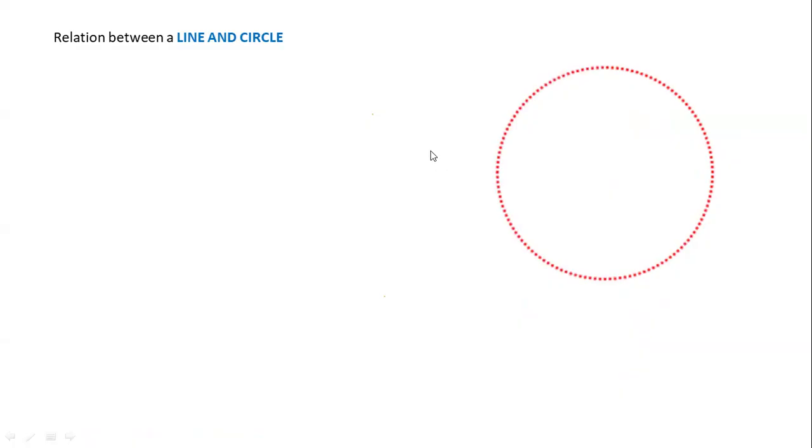Circle. So the relation between a line and a circle. You just draw a line outside the circle. This is a line, isn't it? So this is a circle, and you have drawn a line outside the circle.